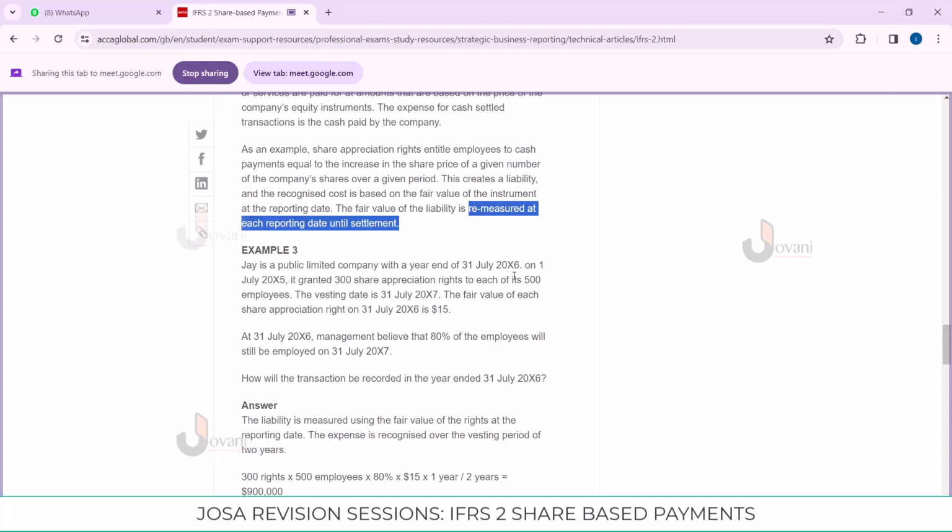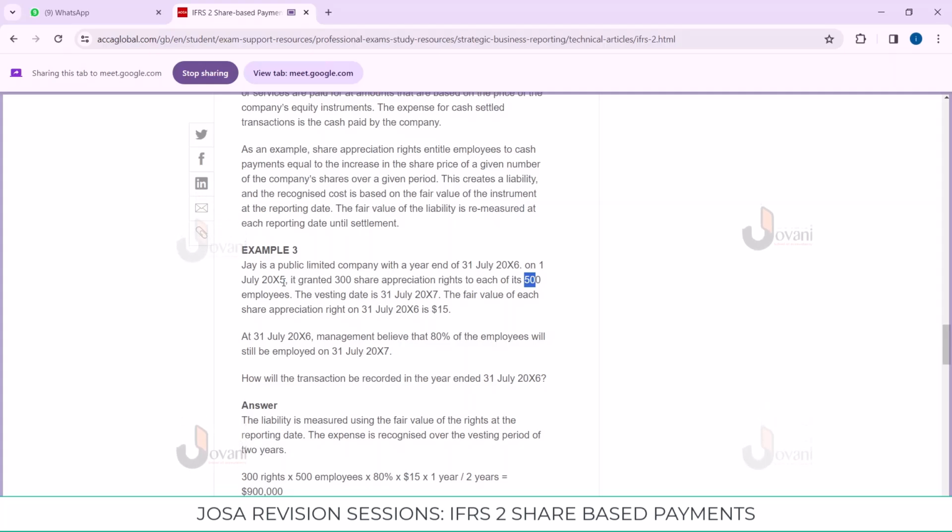Whenever you see SARs, just know they are cash settled options. The vesting date is 31st July 2X7. When were they given? 1st July 2X5. So those are 2 years. Vesting period 2 years. The fair value of each share appreciation right on 31st July 2X6 is 15.